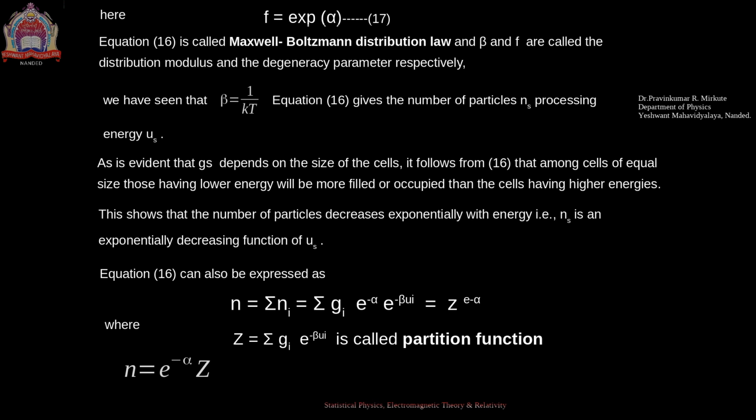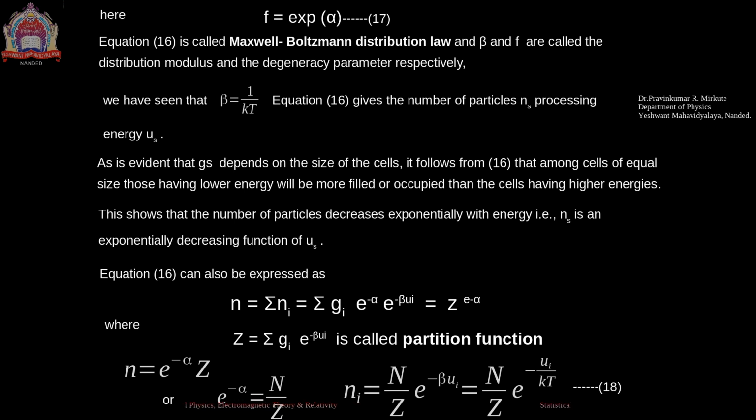So we can write N is equal to e to the power of minus alpha Z, or e raised to minus alpha is equal to N by Z. The final equation is ni is equal to N divided by Z e to the power of minus beta ui, that equals N by Z e to the power of minus ui by kT, as the value of beta is 1 by kT. So this equation represents the Maxwell Boltzmann statistics.